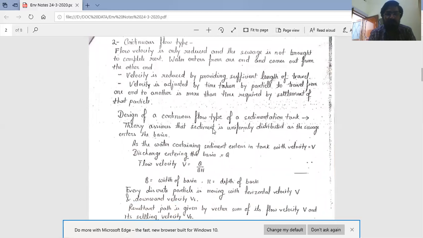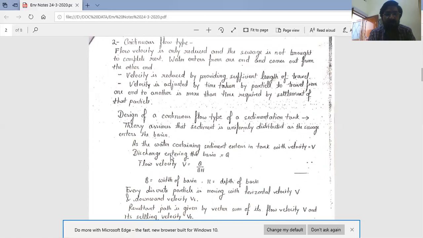Design of a continuous flow type sedimentation tank. According to the theory, it assumes that sediment is uniformly distributed as the water enters the basin.